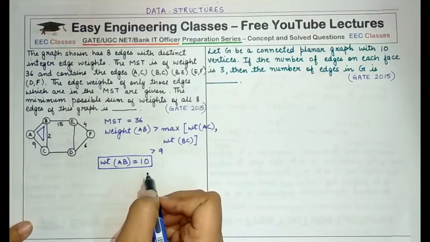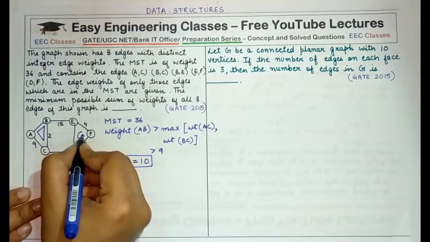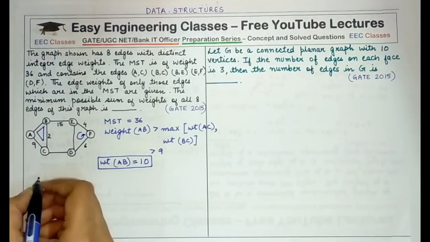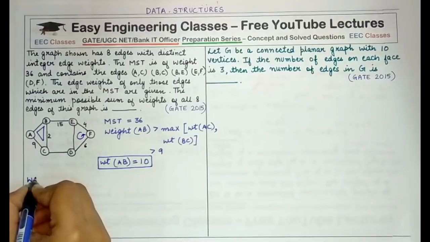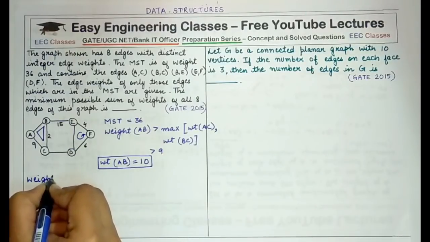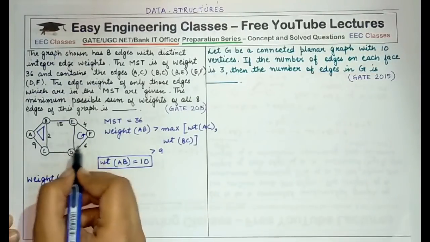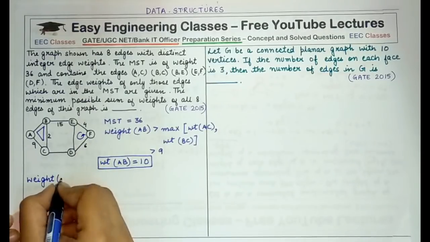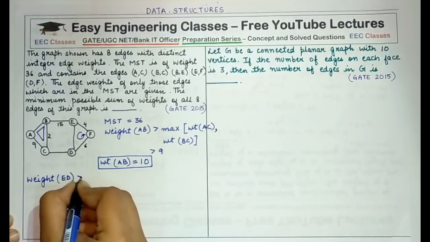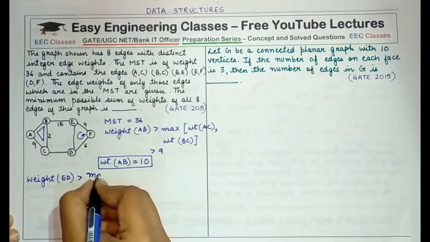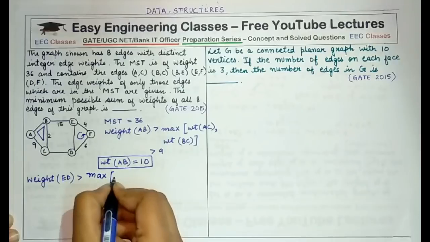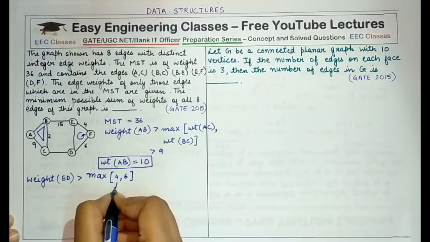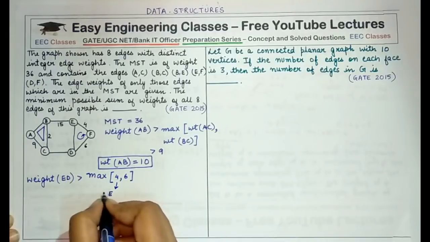Okay, now similarly, if I consider the cycle E, F and D, we would write the same for this cycle also, that the weight of the unweighted edge ED would be greater than the max of the 2 edges that are given, 4 and 6. 4 is the weight of EF and 6 is the weight of DF.